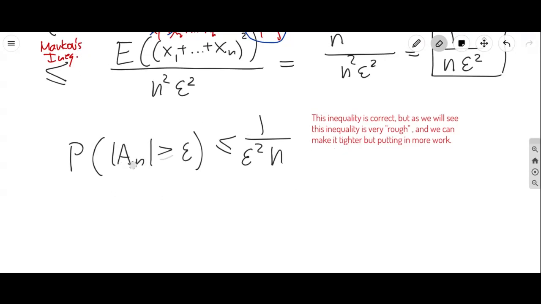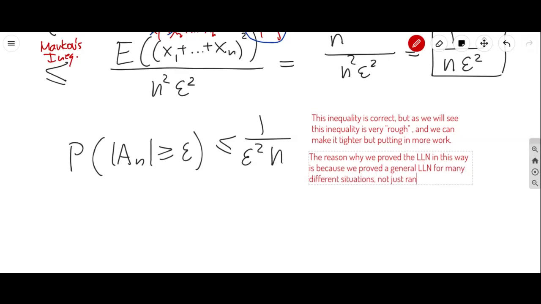Well, the reason why we proved the law of large numbers in this way is because we proved a general law of large numbers for many different situations, not just random walks. Okay? So we're not proving it for just random walks, we proved it a lot more generally.